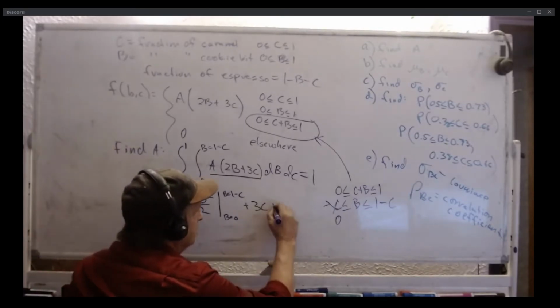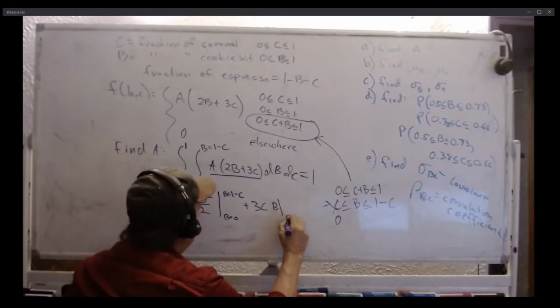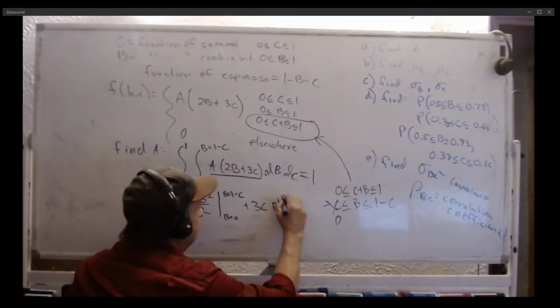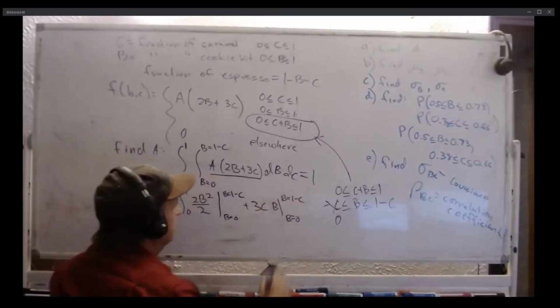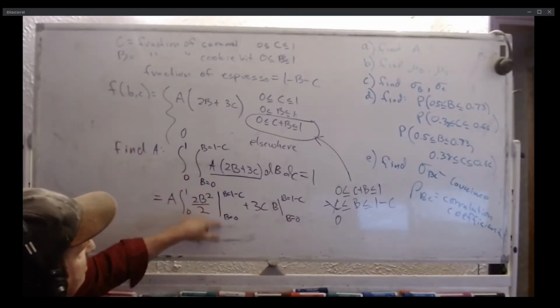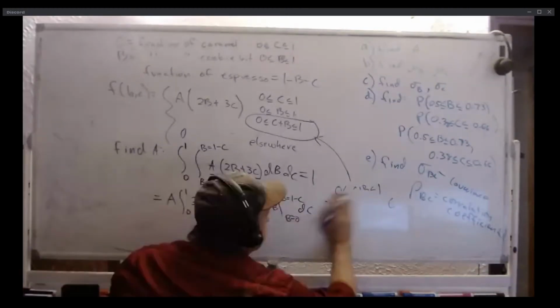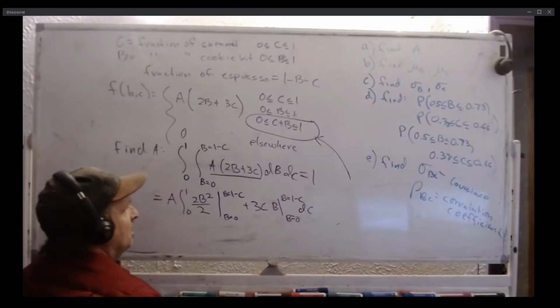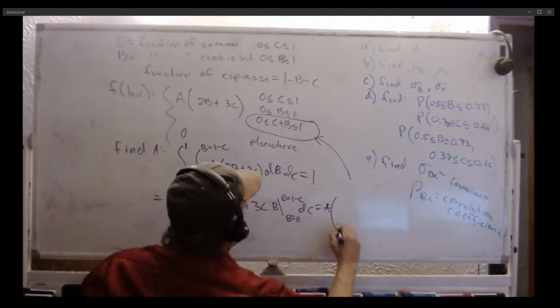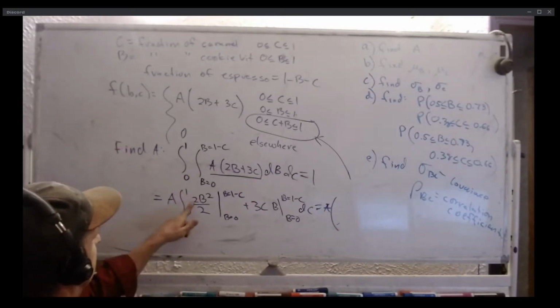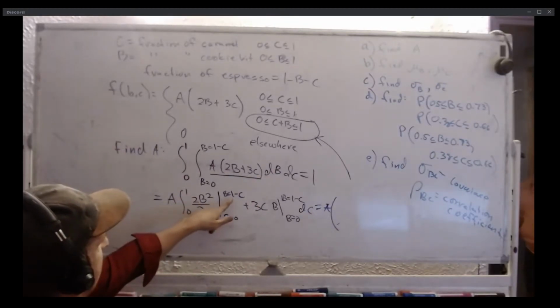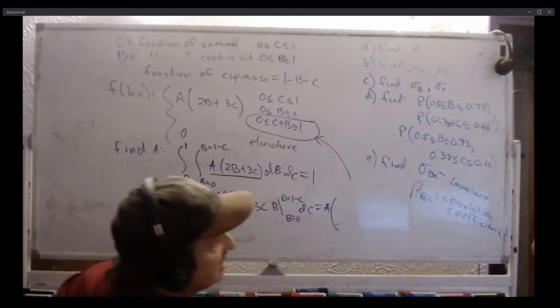And the integral of a constant with respect to b is simply b evaluated from b equals 0 to b equals 1 minus c. Do you see why I like to put which variable we're messing around with in terms? Maybe you guys are smarter than me, but that's what I do. This equals A. Okay. Integral of b squared at 1 minus c.